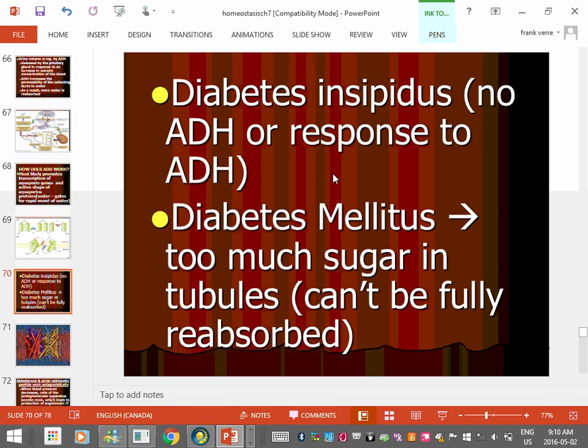Insulin resistance means that your body does not respond to insulin. Diabetes insipidus is when you don't make ADH or you don't respond to it. They both have the same symptom in terms of increased urination. Why would someone who doesn't make ADH have increased urination?